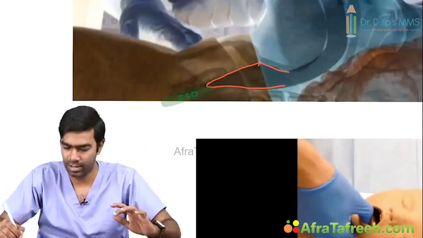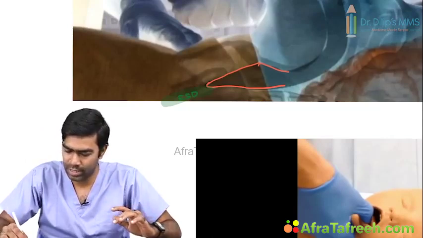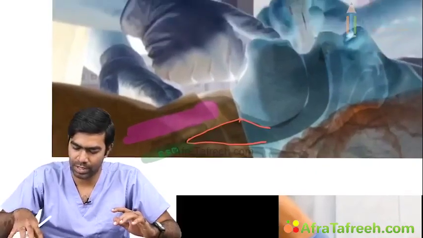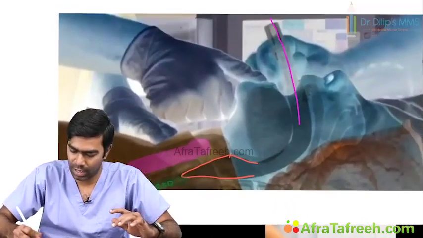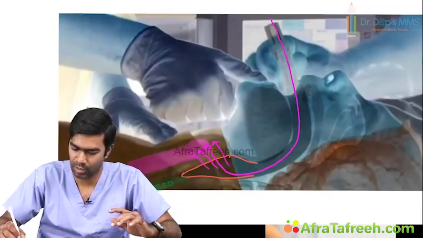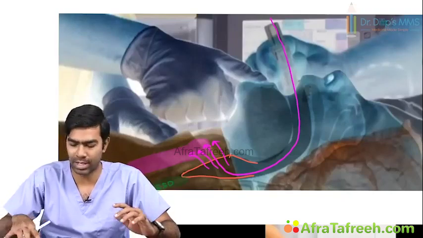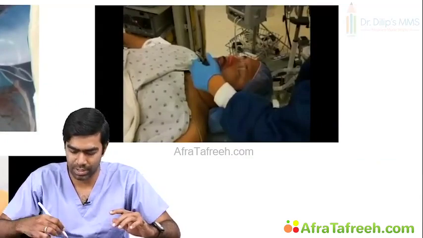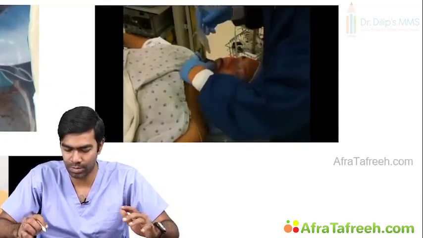So they provide a perilaryngeal seal. And you can see this is the respiratory tract. Whenever you ventilate the patient from here, the air will be coming out of the mask and entering through the trachea. So this is the basic anatomy once again. So let us see how you are going to insert these devices. Very, very basic video. This will show you the anatomy of the laryngeal mask airway.